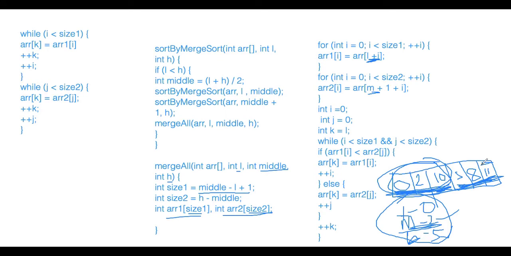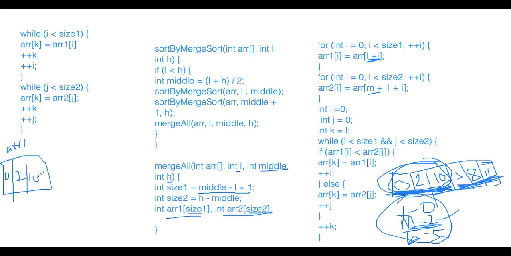Okay. And now we have to merge this back. So how will we do the merging? So now what do we have? Let me just divide this out. So now in ARR1, what do we have? 0, 2, 10.